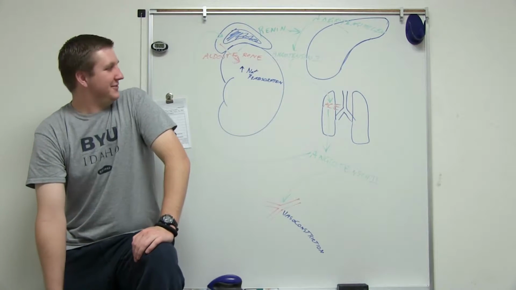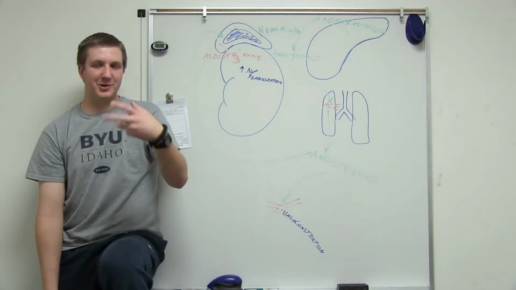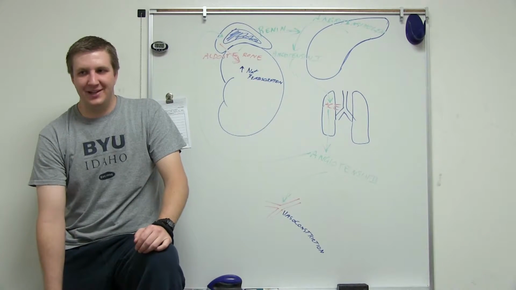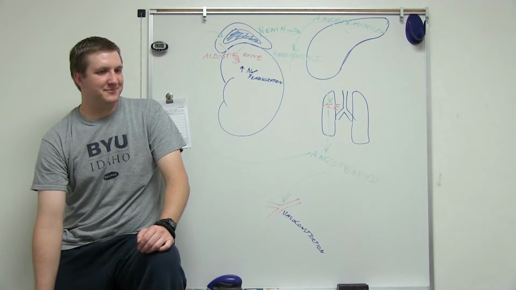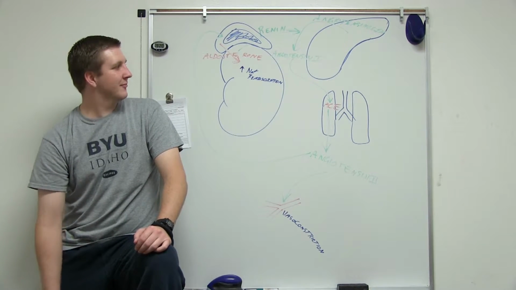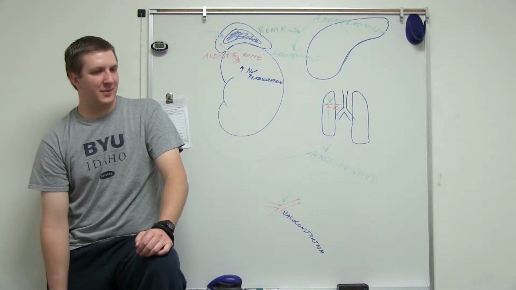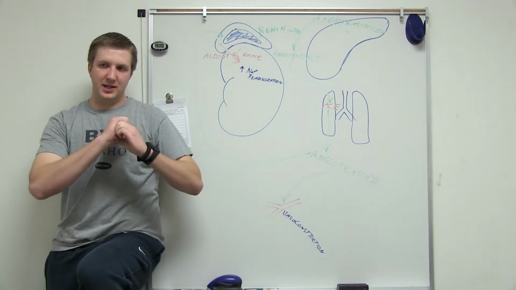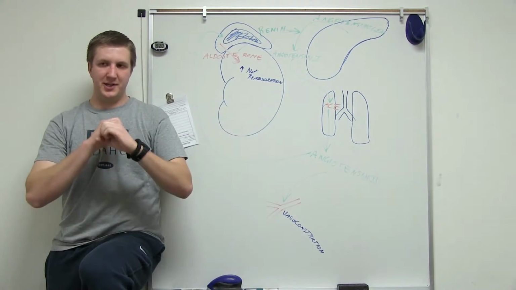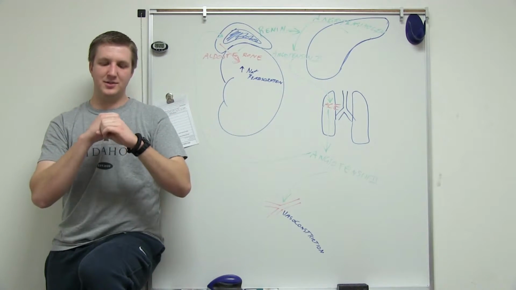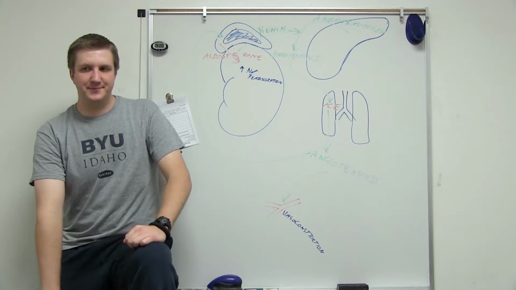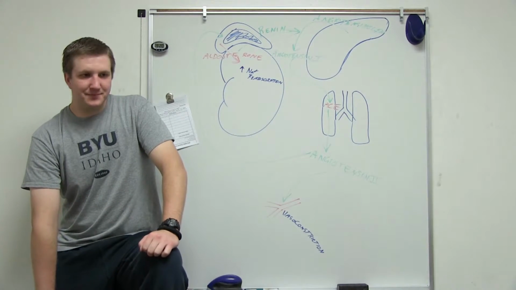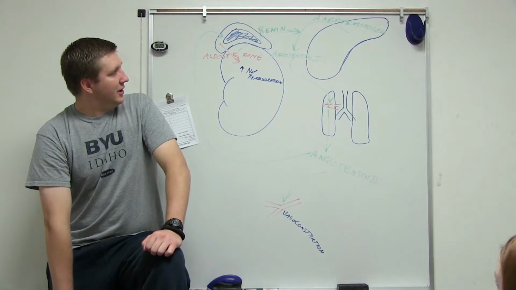So aldosterone just tells the kidney cells to make more sodium transport proteins to transport more sodium, put more sodium back into the blood. And the water follows it. So we decrease the size of the container, plus we put more water in the container, so we use two different ways to increase our pressure. Make sense? Yes.